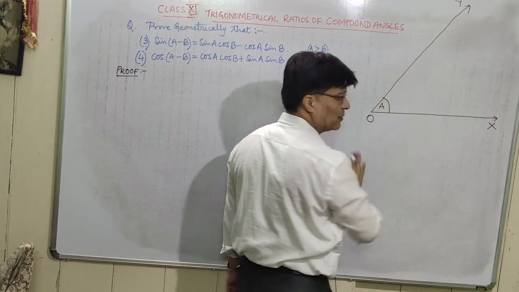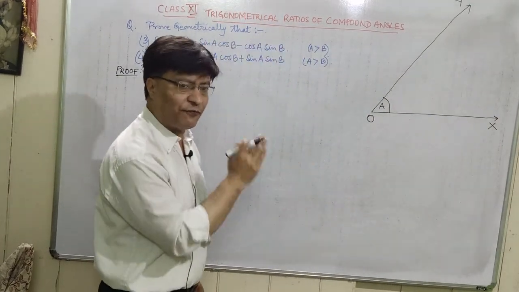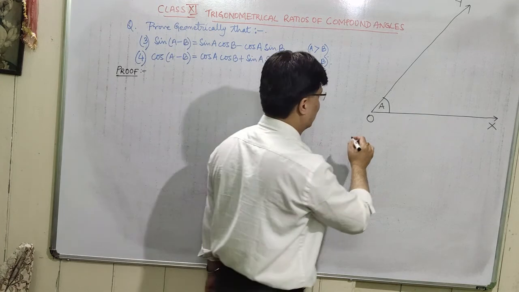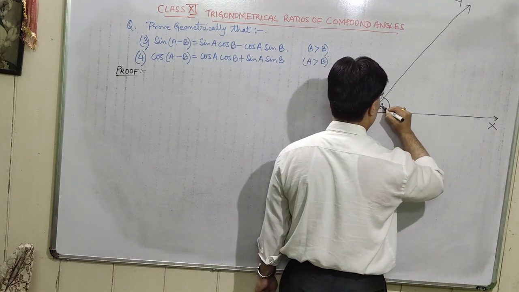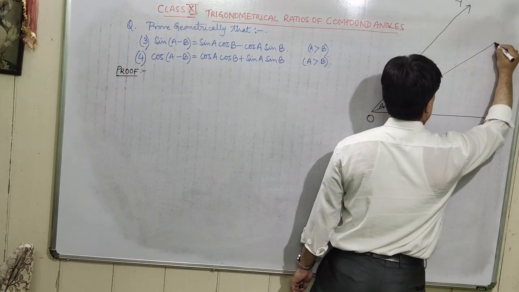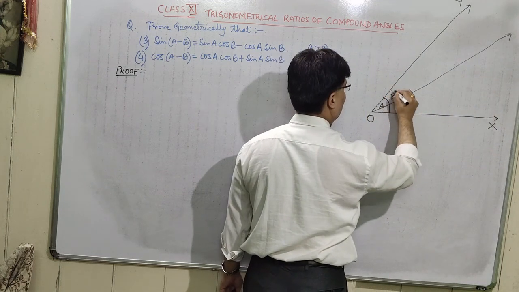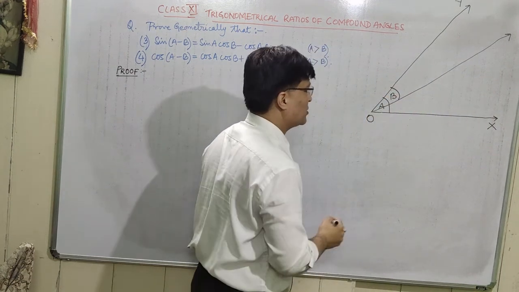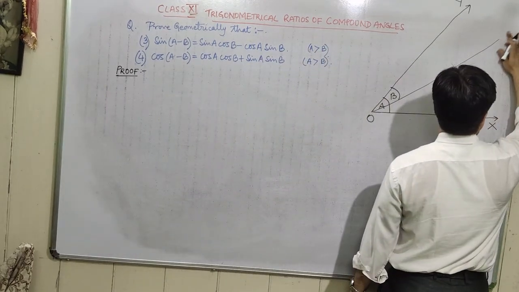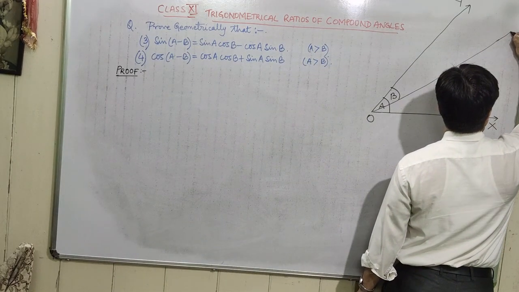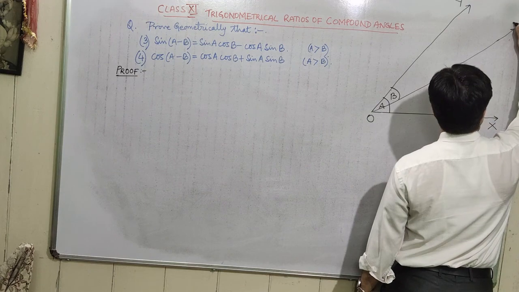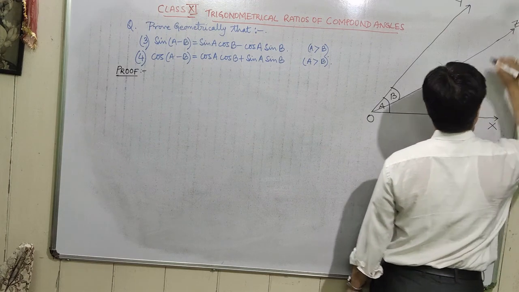Now it revolves back. It does not revolve further, but it revolves back, right? And suppose it revolves back and traces out another angle B. That is, it should be straight, right? Suppose this is Z.